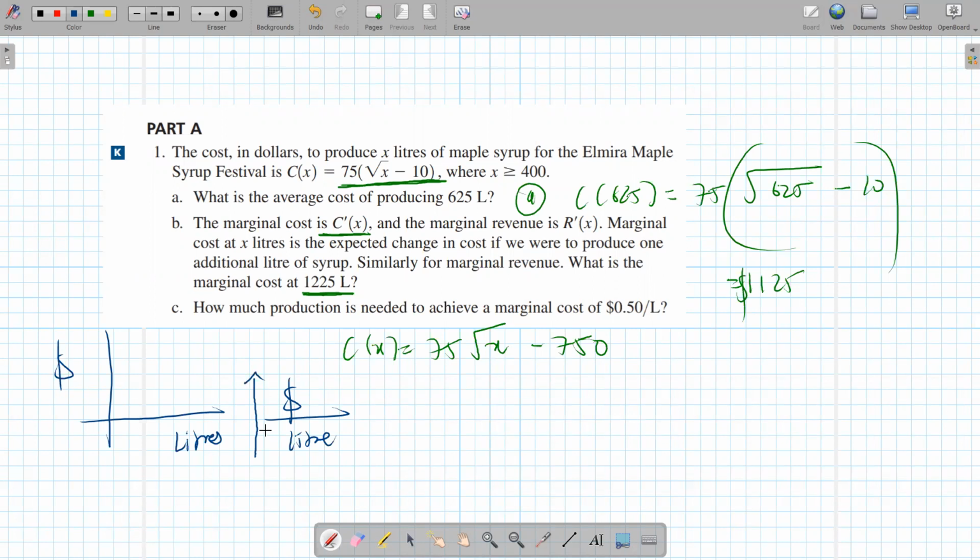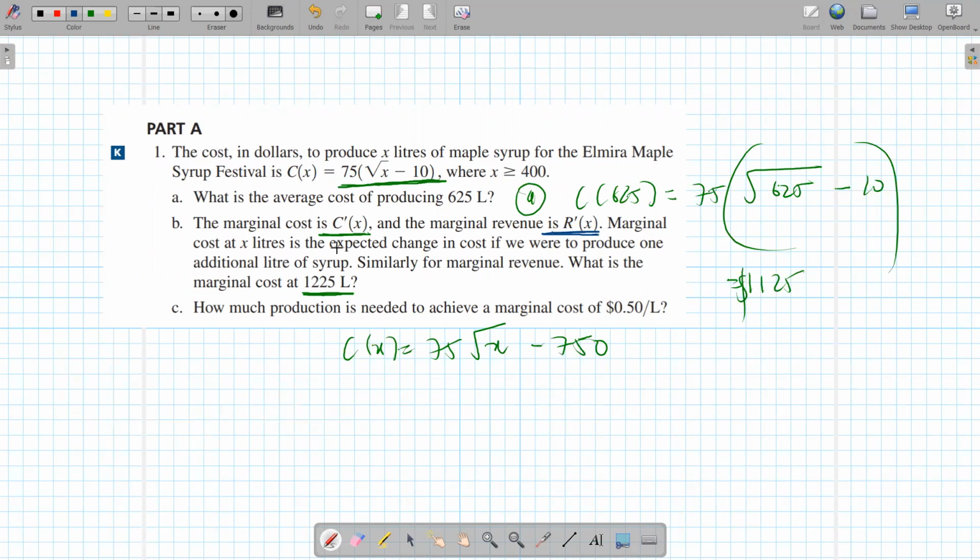So would they be trying to maximize this or minimize this? Minimize, exactly. They want to maximize the revenue, but not the marginal cost. They want to minimize this as much as possible, because if they minimize the cost, they will maximize their profit, right?